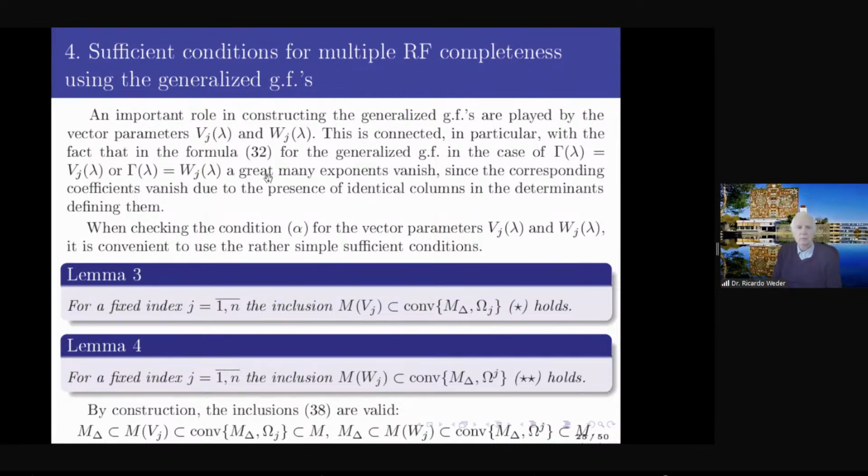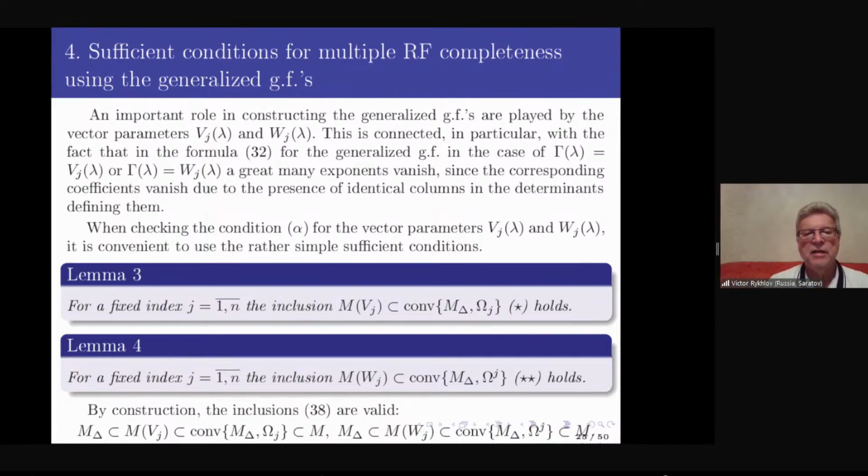Section 4, sufficient condition for multiple root function completeness using the generalized generating functions. An important role in constructing the generalized generating functions is played by the vector parameters v_j of lambda and w_j of lambda.